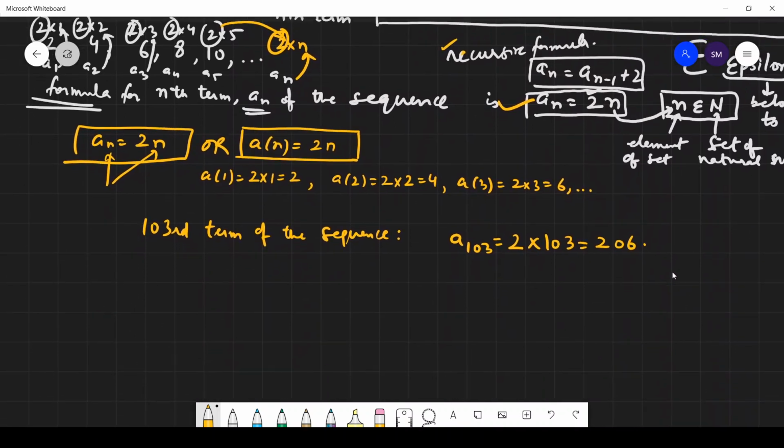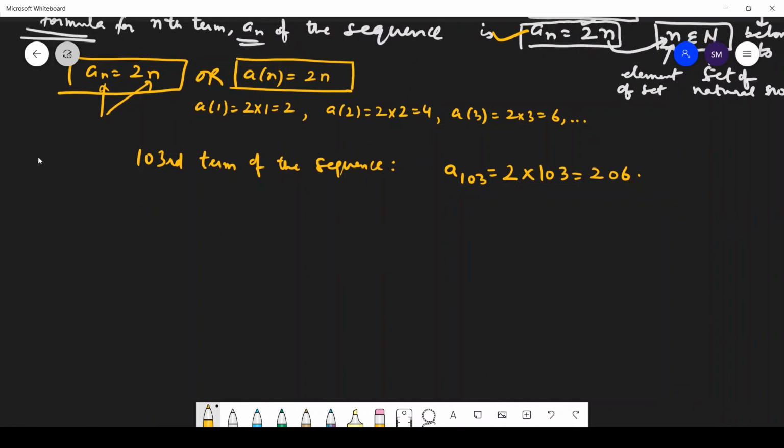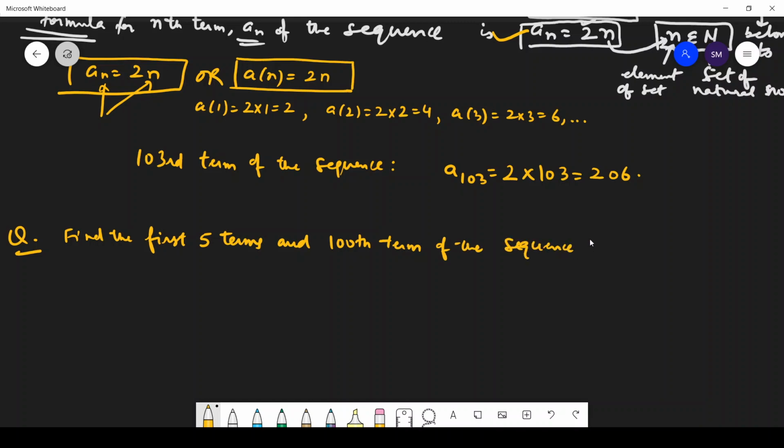Now I'm giving you some simple questions. You have to find the first 5 terms and the 100th term of the sequence defined by these formulas.